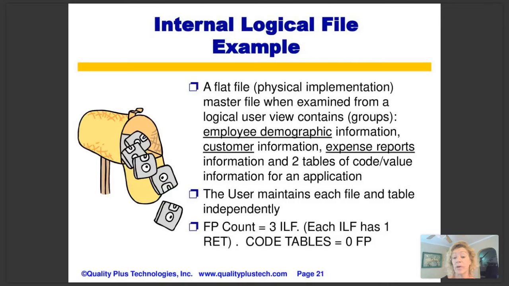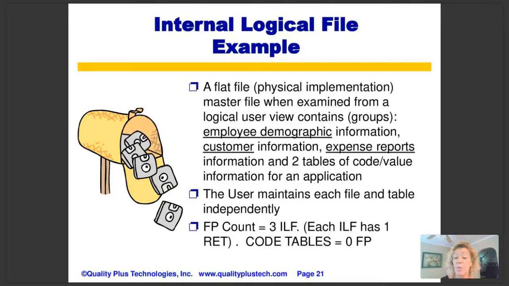So we've got employee information. We've also got customer information in a separate group of data on that same physical file. And then we've got expense report information. And then I've also got these two tables of code value information. So what can I count? Well, the user maintains all of those, so it might seem like I've got 5 groups of data, but remember, and this is really important, code tables don't count.